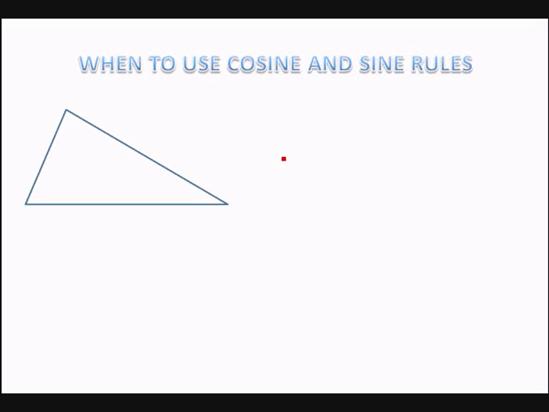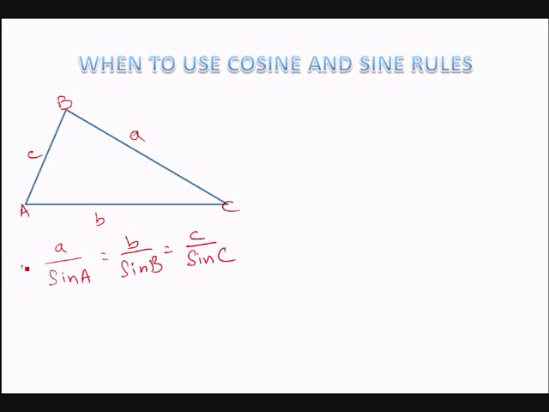So if I have a triangle like this, say for example A, B and C, therefore this is A, this is B and this is C. The sine rule says I can write it as a over sine A equal to b over sine B or equals c over sine C. So this is the sine rule.